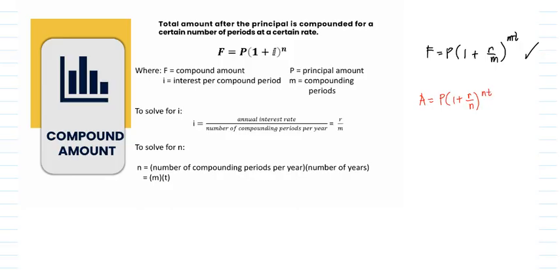So basically, yung A dito is going to be this one, itong compound amount, tapos yung P is still the principal amount, and then R is the rate of interest, tapos yung N dito would not be our N, but the compounding periods, tapos yung NT dito is the number of compounding periods times the years.